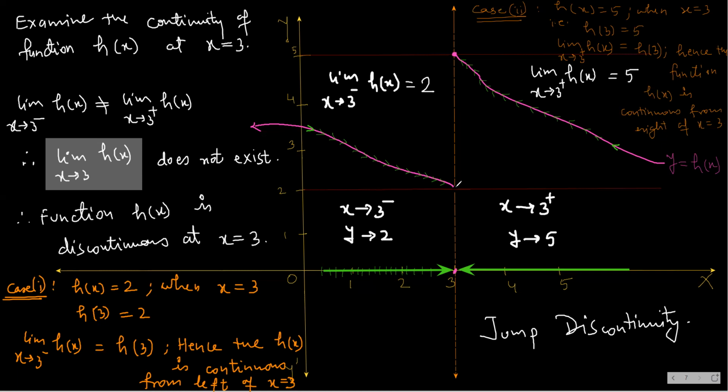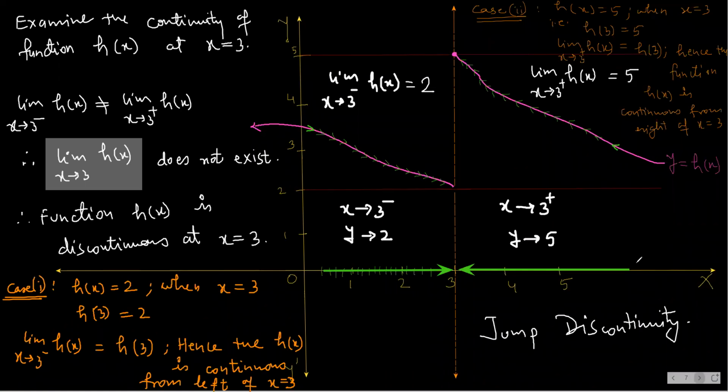It cannot have a value at both places. How can the function be equal to 2 as well as equal to 5 for x equals to 3? Then that is not a function, because it goes against the definition of function. The function should always have a unique value for any given x. So either the function will be continuous from the left or from the right. I have explained this to you in much detail.